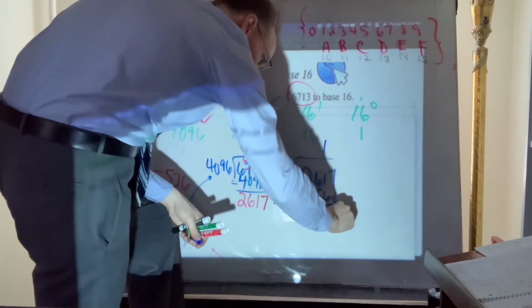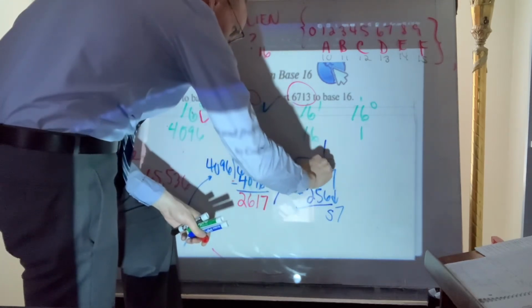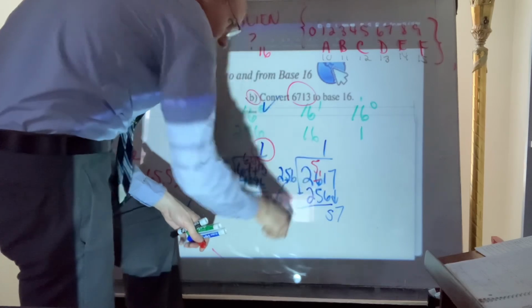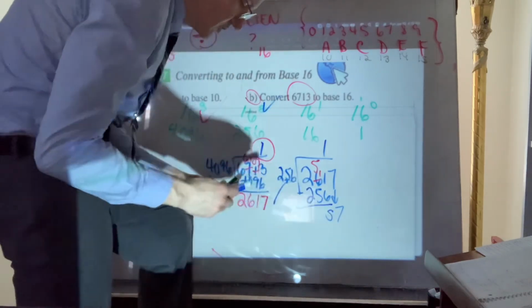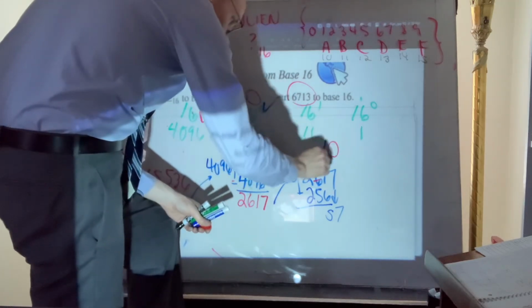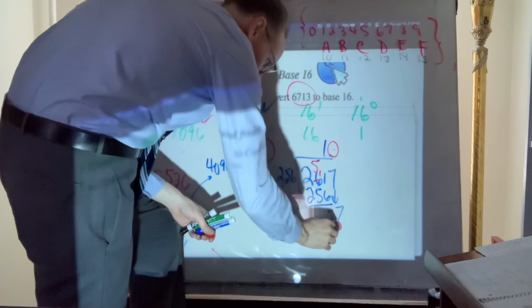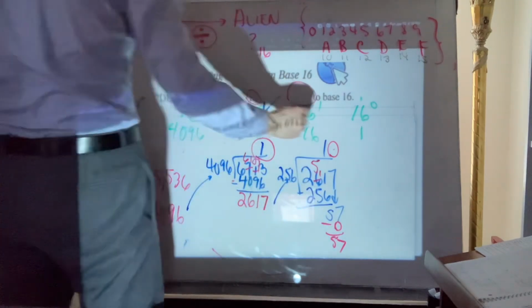And that means that this is 57. Just to verify, that's 11, 5, and that's 0 and 0. Good. 256 does not fit into 57 though. So we will have to put a 0 here. 0 times that would be 0, and the remainder would be 57 nonetheless. Circle that.